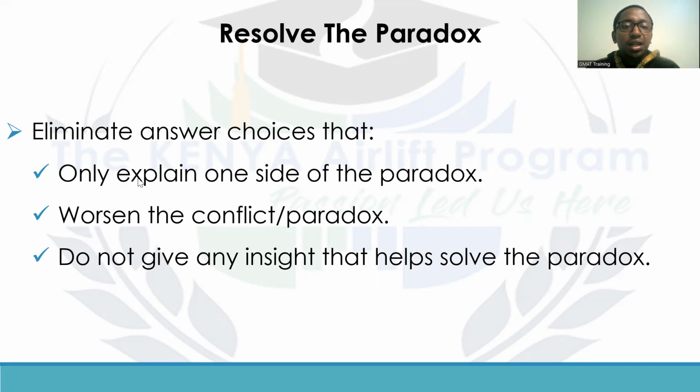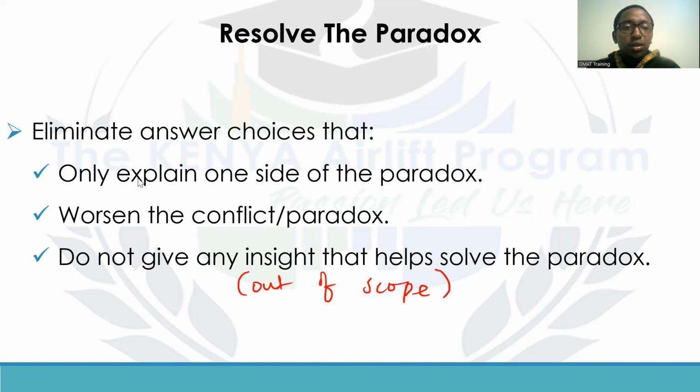So it doesn't really explain, it achieves the opposite effect, such that you have a further conflict. If, say, you were expecting price to reduce, the answer choice explains why the price should have reduced. And then the answer choices that do not give any insight that helps solve the paradox. So these are just out of scope answers.